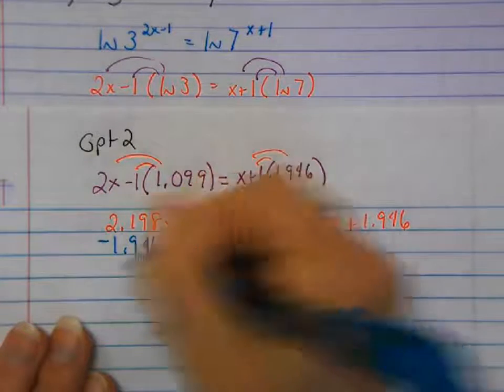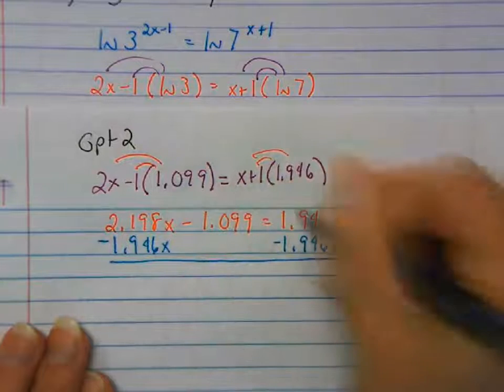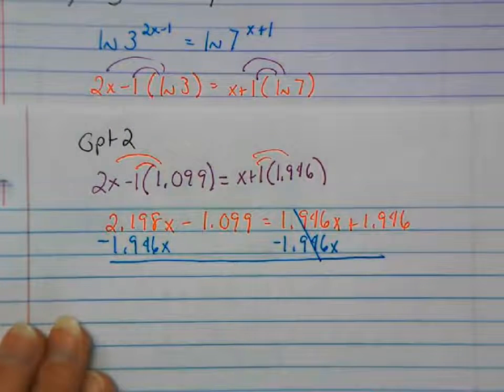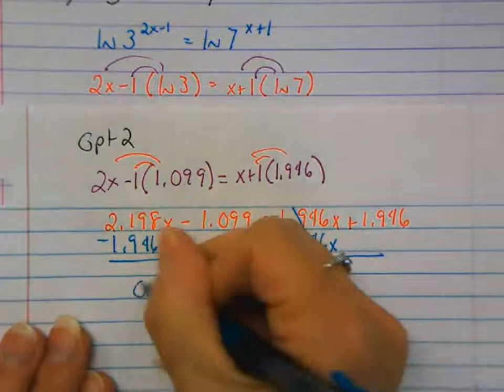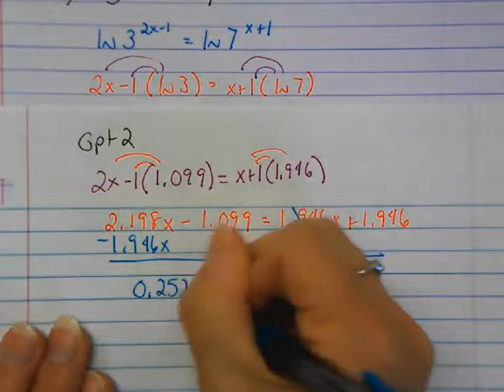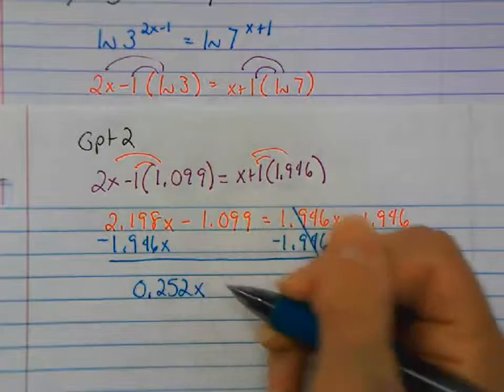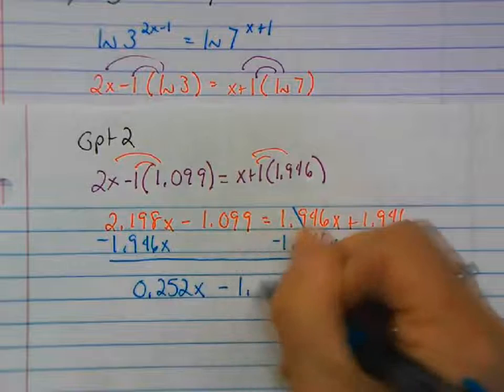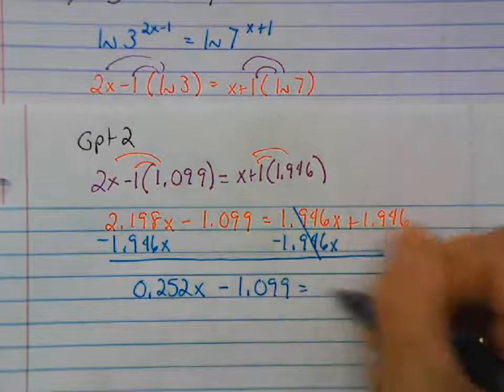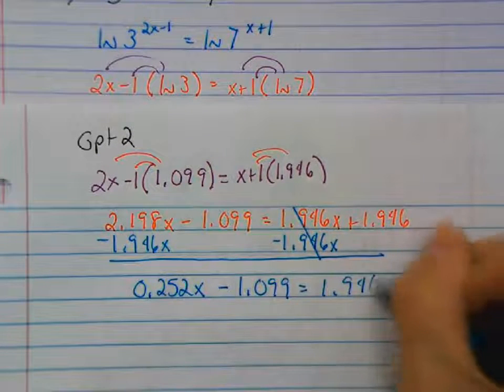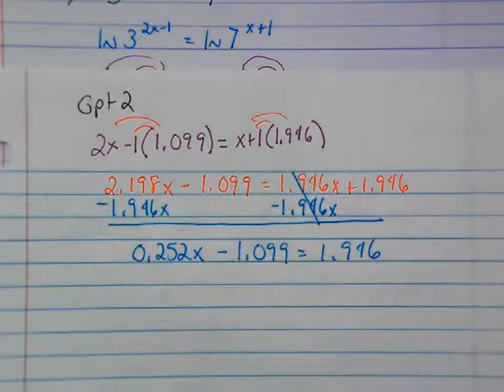2.198 minus 1.946 gives me 0.252x minus 1.099 equals 1.946. Alright, again, I understand the decimals are making it kind of nasty, but let's go ahead and bring this over to the other side.